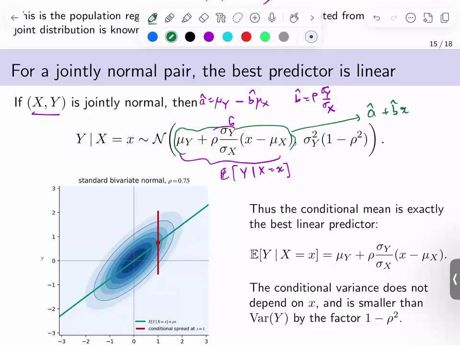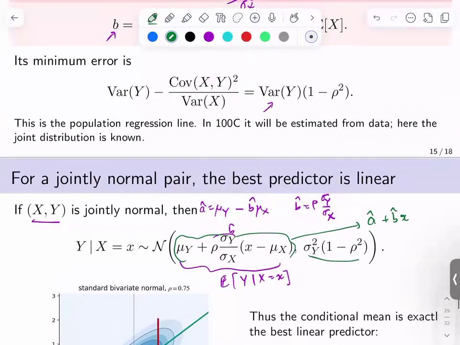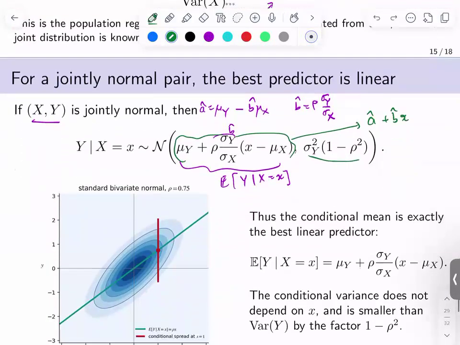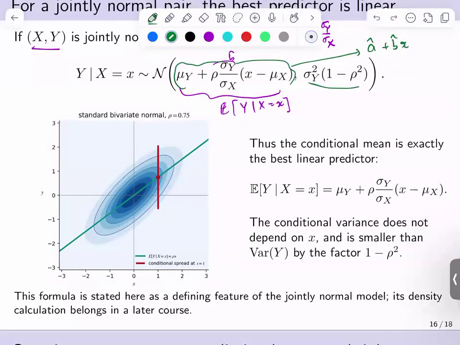The best predictor and the best linear predictor coincide in this case. And this also really matches this: it's the variance of the residual, the unpredictable part. So the best conditional mean is exactly the best linear predictor.